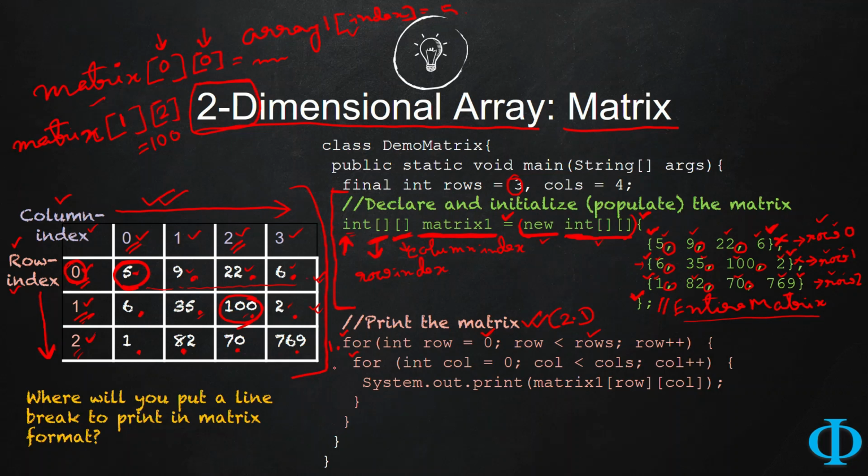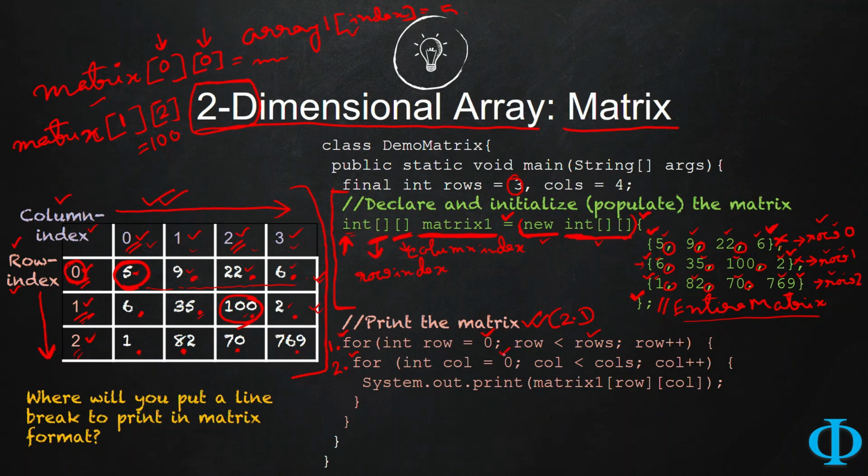Then the inner for loop is basically the loop to iterate over the column indexes. What does that mean? It means that for each of the rows you have to iterate over each of the columns, right? So for each row there is a column 0.